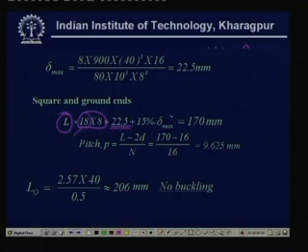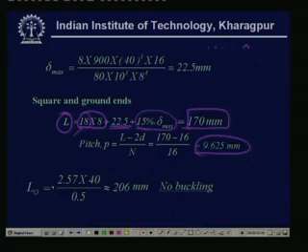This is the delta max, and we have assumed 15% of the total to consider as a clash allowance, and that gives us approximately a value of 170 mm. So, once you know the free length to be 170 mm, then the pitch comes out from this formula as 9.625.